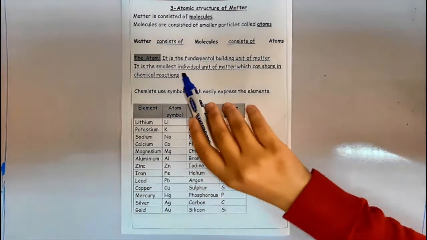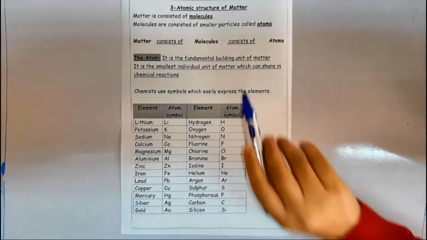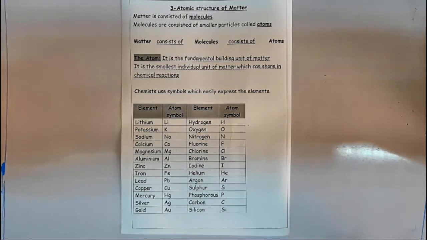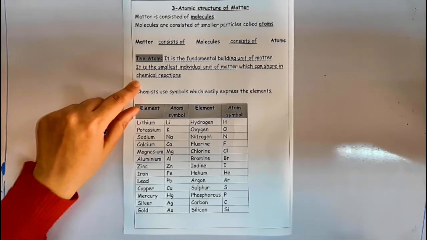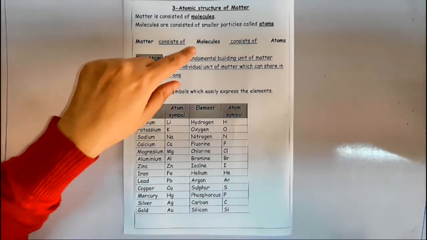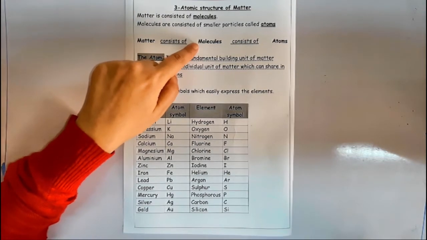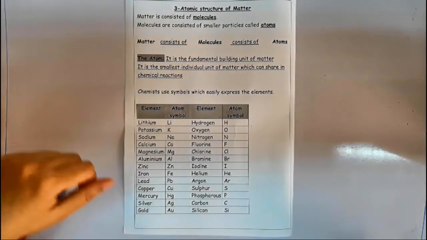It is the fundamental building unit of matter. It is the smallest individual unit of matter which can share in chemical reactions. So, what can share in chemical reactions? It is the atom. But what has the properties of matter? It is the molecule which has the properties of matter.